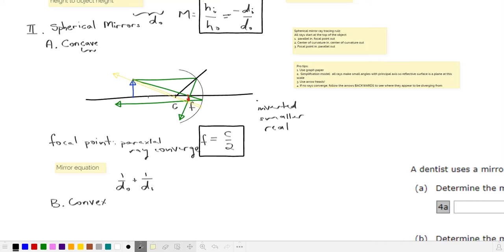And instead of using the center of curvature, I'm going to use the focal length, because that's a more general form of the equation that will be useful to us when we look at lenses, for example. Just remembering that f is equal to c over 2, you can solve all of your mirror equations with this. Really, the only pitfall is getting the signs wrong for the focal length and the image distance.